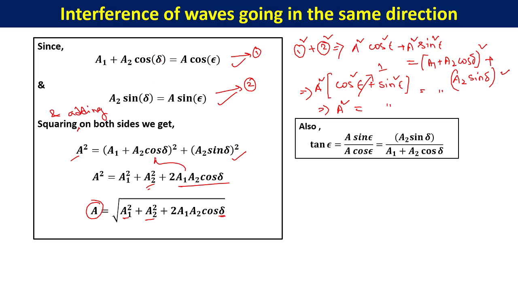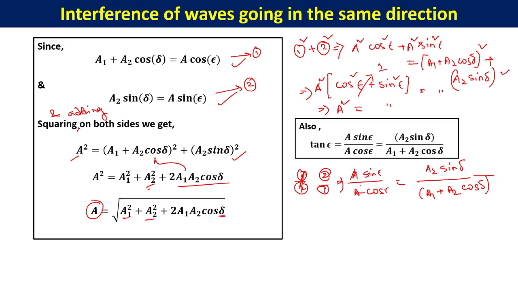As in this case we have just taken squares and added them, now I'll just divide them. That means 1 by 2, or rather let me do it like 2 by 1. In that case, a sine epsilon divided by a cos epsilon is equal to a2 sine delta divided by a1 plus a2 cos delta. So a gets cancelled. Sine epsilon by cos epsilon, like sine theta by cos theta, is nothing but tan.